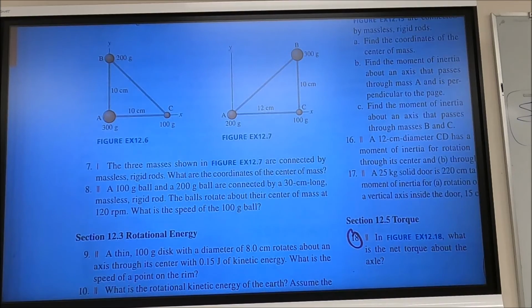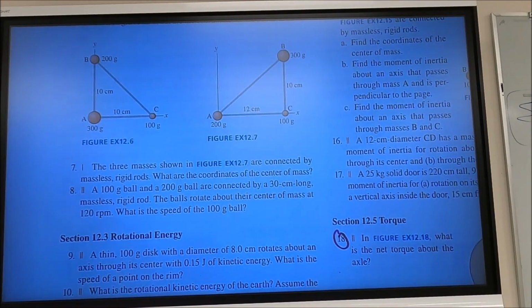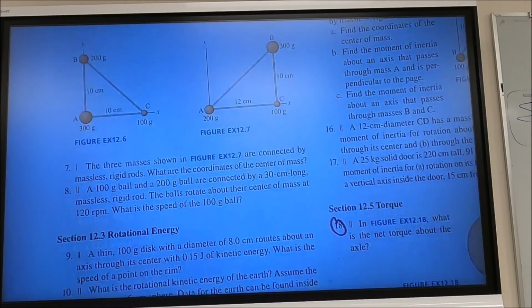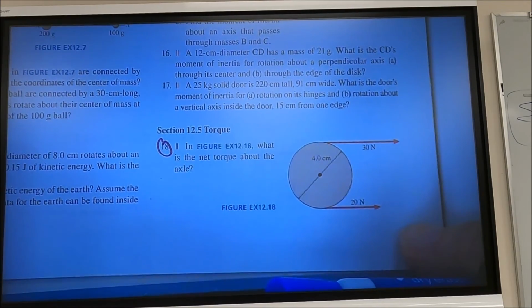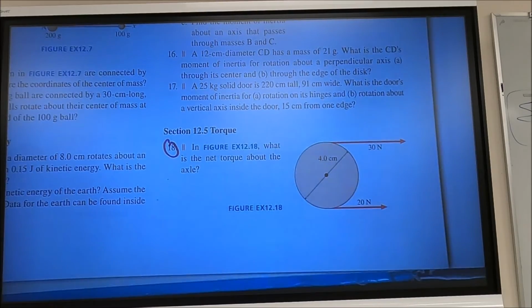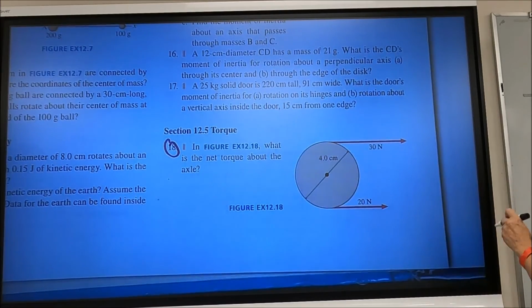So let's start off by looking at a really simple problem. We're going to look at problem 18 here on page 330. It says, what is the net torque about this axle? Okay, so I'm going to redraw this picture.